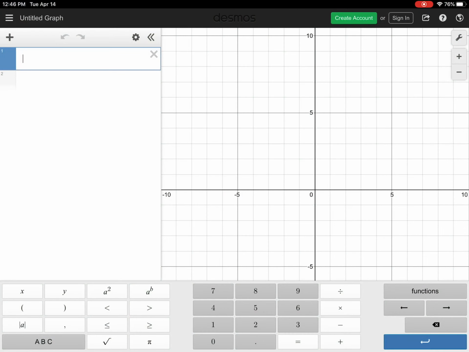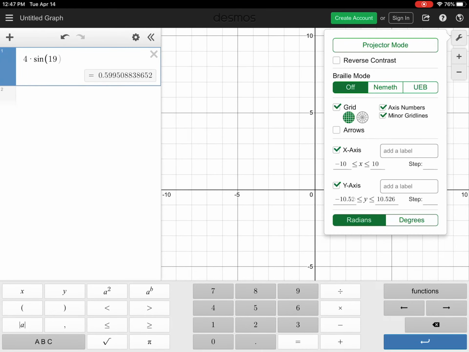Alright, so if I go into Desmos, 4 times the sine of 19, I get, ooh, look at that. I had a funny answer. I need to go back and check degrees. So if you ever exit out of Desmos, it's going to automatically go to radians.